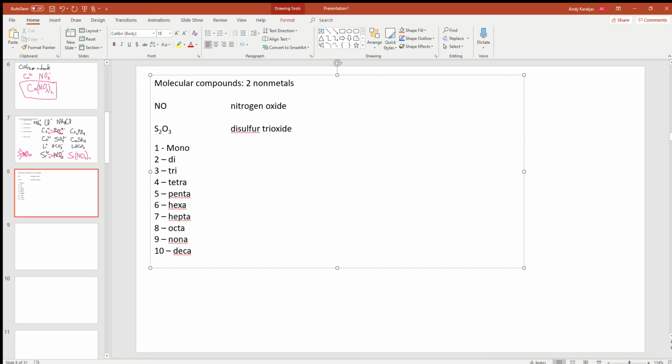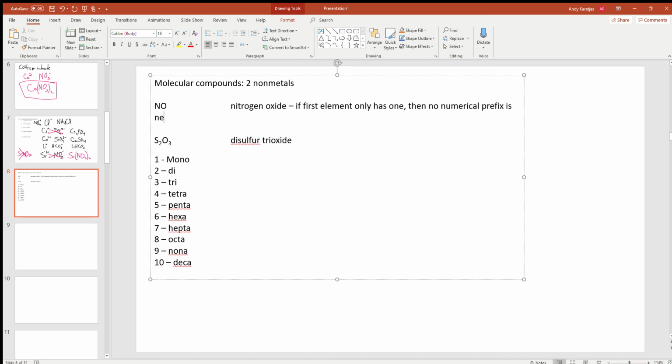In this first one, though, we have only one of each element. Now, if our first element only has one, then no numerical prefix is needed.